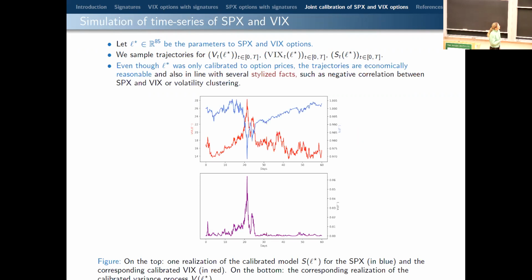In fact, what you see on the first plot is a trajectory where the red one is the VIX and the blue one is the SPX. And you have really this negative correlation that you can see here. And the second plot is very similar to the VIX because it is the instantaneous variance.